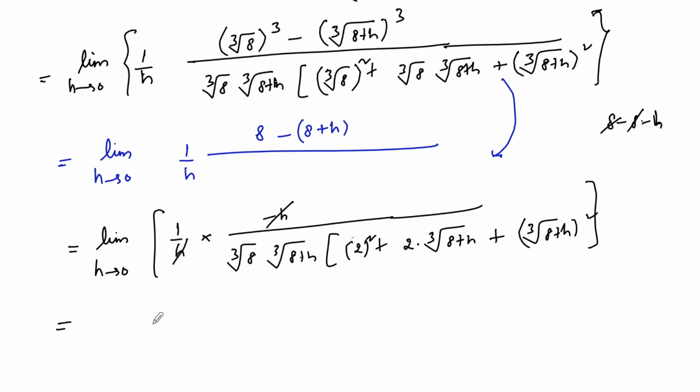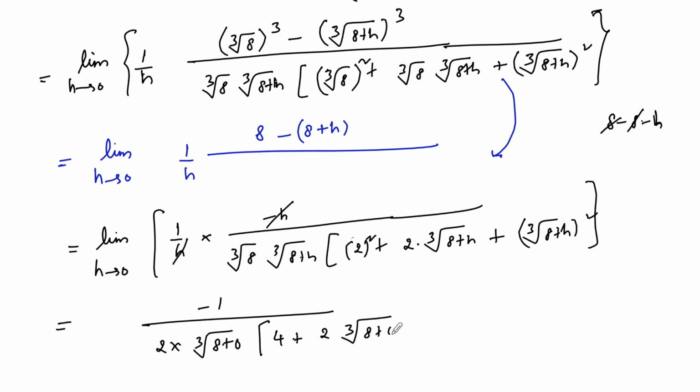So we'll have minus 1 divided by 2 into cube root of 8 plus 0, and again here 2 square is 4 plus 2 into cube root of 8 plus 0 plus cube root of 8 plus 0 whole square.